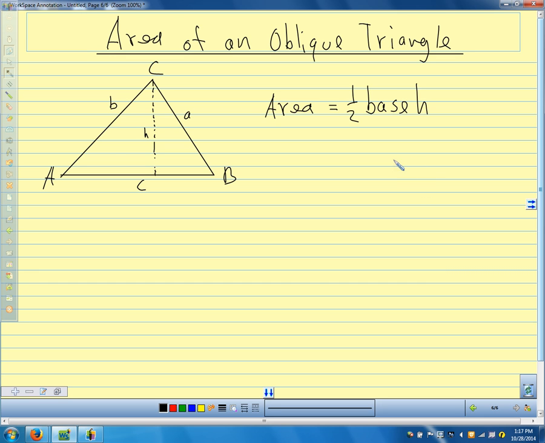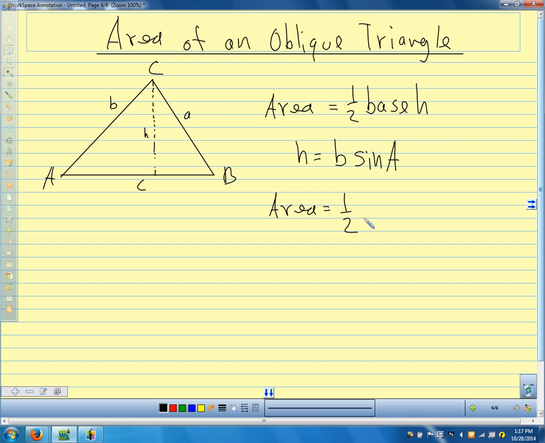We know how to find the height if we know this angle. We said that the height was b sine A. So if I say this is the height, what's the base of this triangle? How long is the base? C, right?